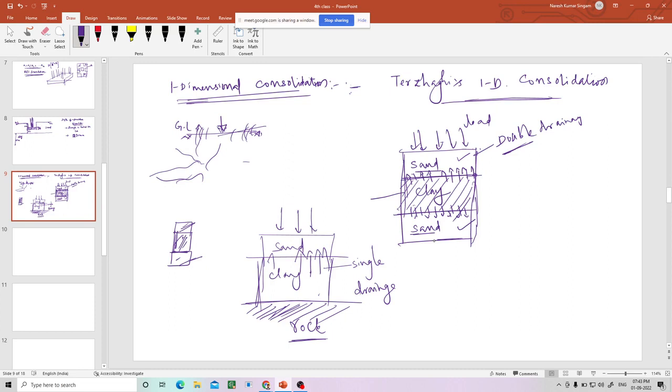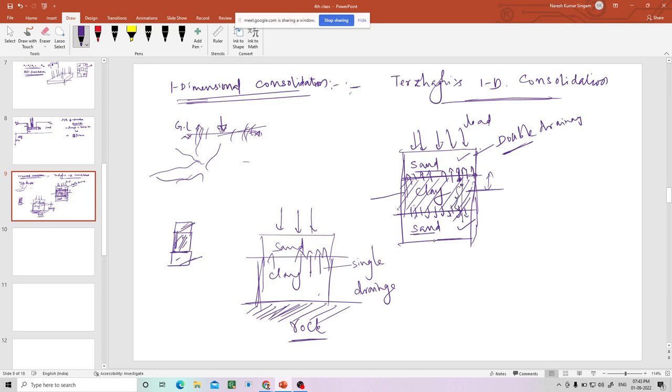Anyway, now coming to the traveling path of the water particle. See here, the maximum traveling path for a water particle in the clay layer is half only, because the water particle here will go out like this; it will not take this path obviously, because it is more length.